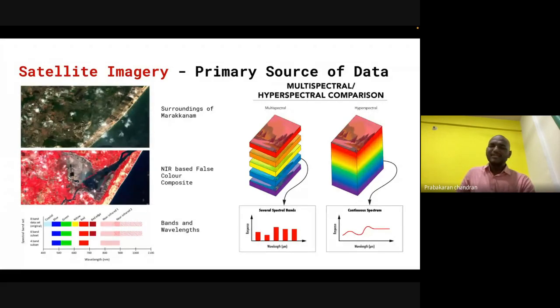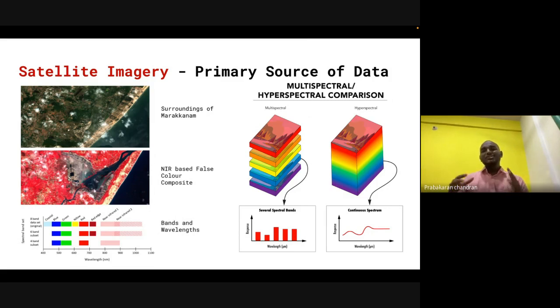But with respect to the usual, very common use cases, multispectral itself is enough. With respect to memory, multispectral will take comparatively less memory than hyperspectral. But whenever you talk about satellite imagery, it will not be in KBs or MBs. It will always reach certain GBs, or at least more than 500 MBs for a specific use case.